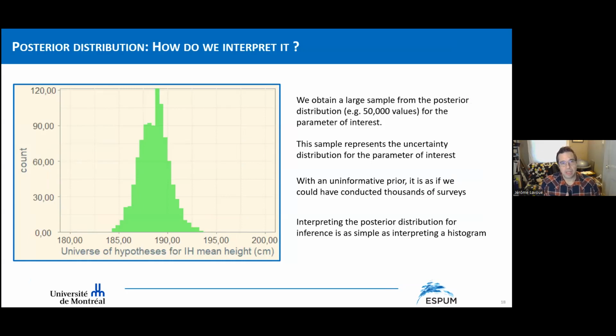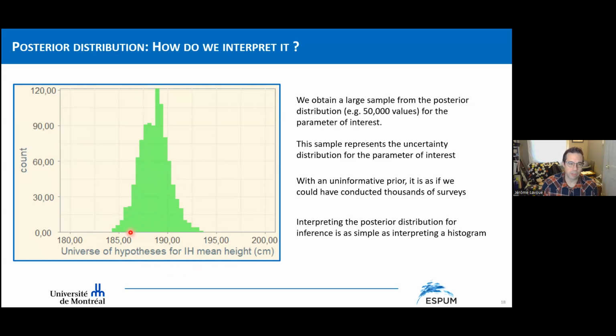As a summary, how do we interpret this graph? We have the universe of hypotheses for the mean of industrial hygienists, and this gives us what we know now about this parameter. The likeliest value, which would correspond to a point estimate, would be around 195.